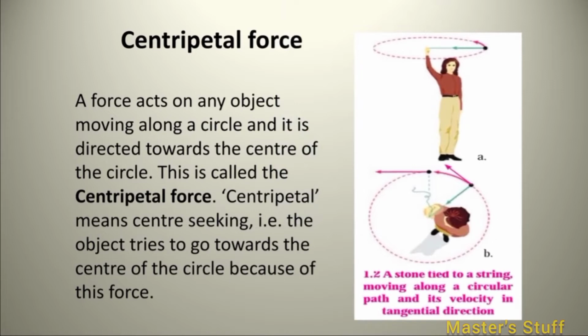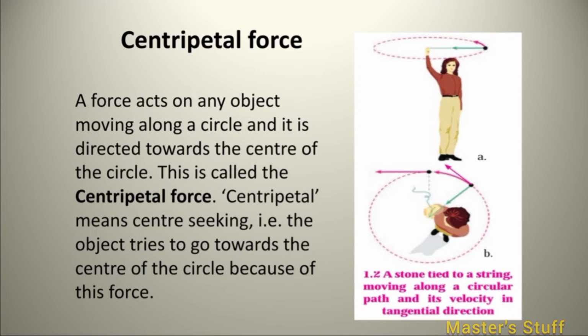A stone tied to a string is moving along a circular path and its velocity is in tangential direction, represented by the pink arrow, which is tangential to the circular path. The other arrow is pointing towards the center where the person is holding the string.